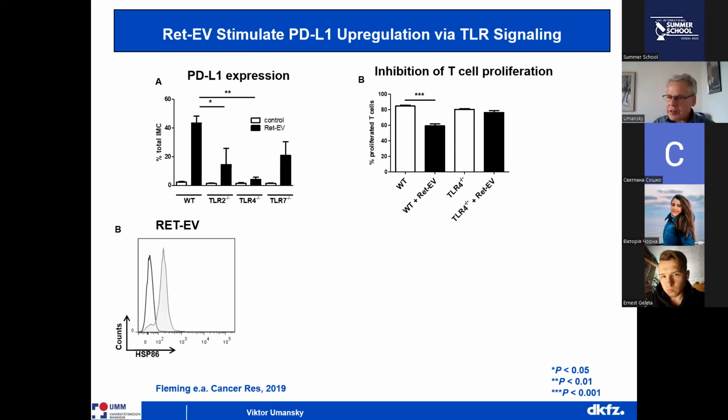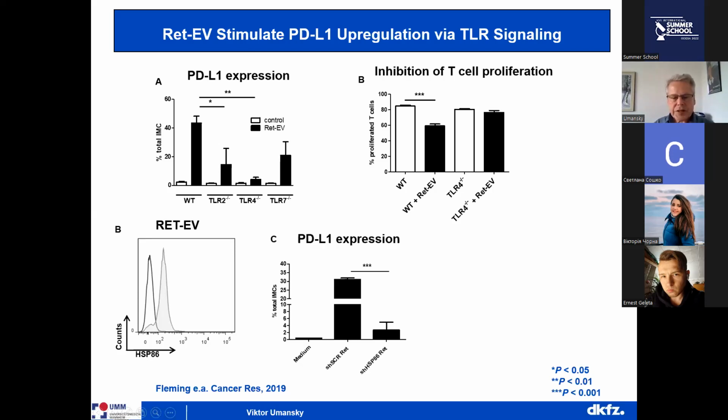Okay, so toll-like receptor 4 is playing an important role, but what about the factor on the side of exosomes? What is working there? We found it's actually heat shock protein 86 or 90, so another name of this, and extracellular vesicles strongly express this HSP86.